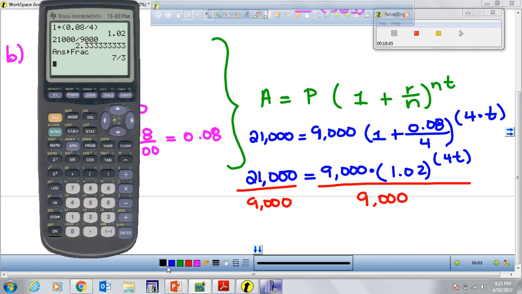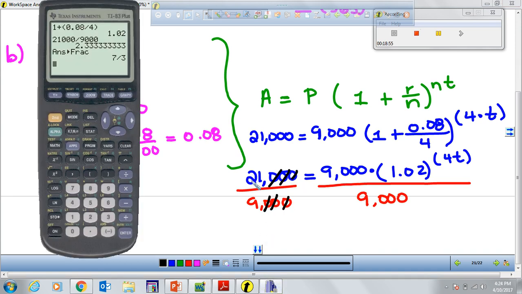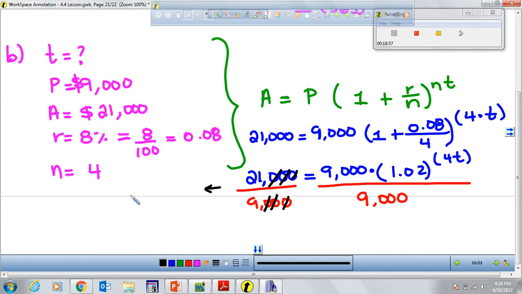Or let me tell you something else. If you want to reduce this fraction, you can also cancel 3 zeros from here as well as 3 zeros from here. What fraction are you going to end up with? You're going to end up with 21/9, which if you reduce by dividing by 3, you end up with 7/3.